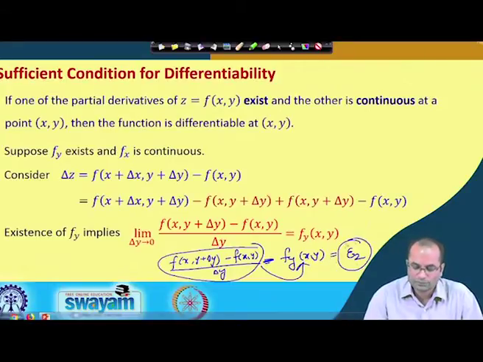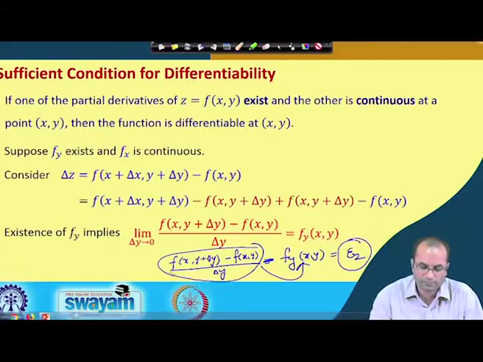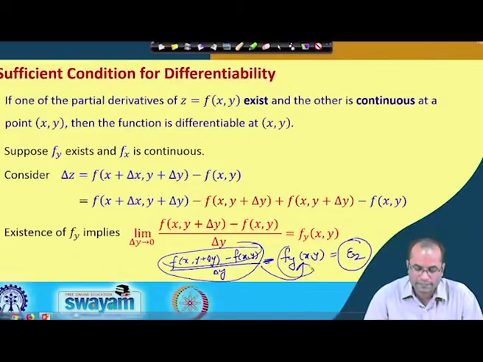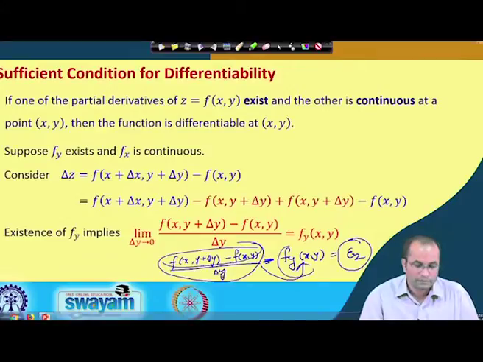So, this we will introduce now, and then we will multiply this whole expression by delta y, and we will get that this difference is equal to f_y delta y plus epsilon 2 delta y.